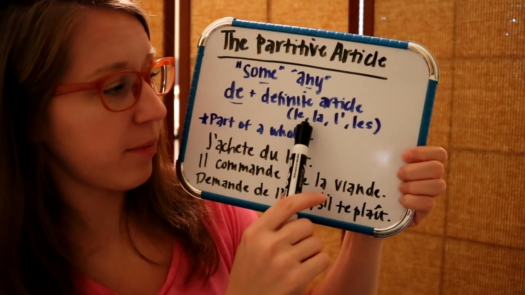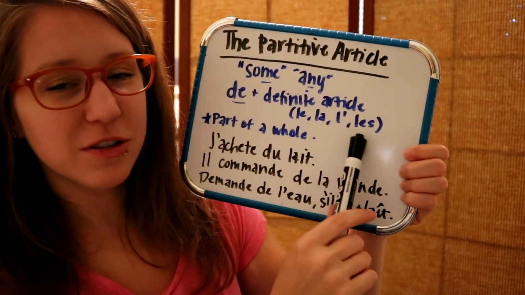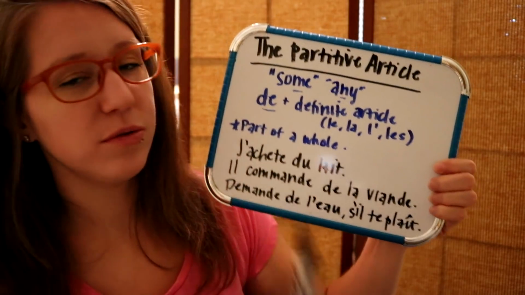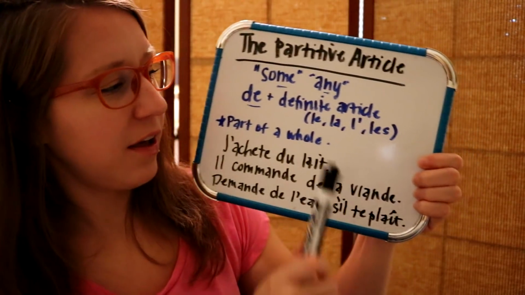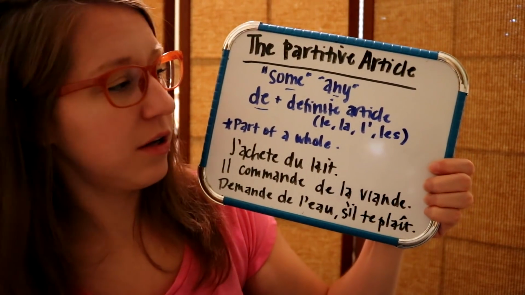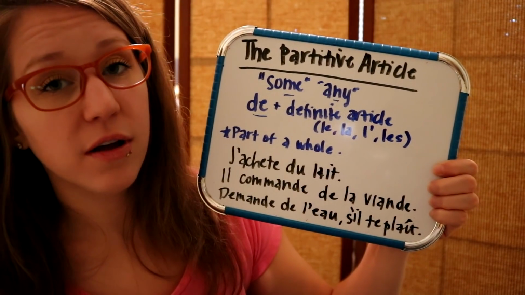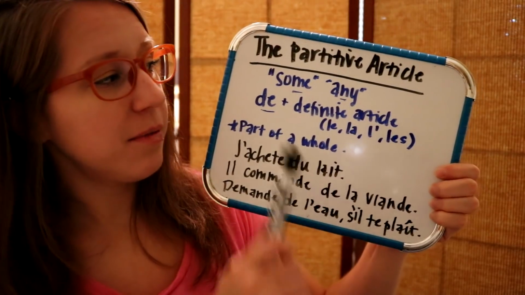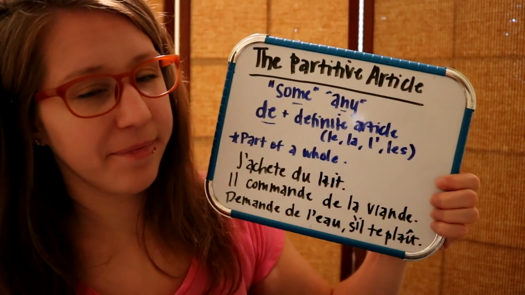So if you remember, each of these options means the. So it's de, which is like of, and le, la, l'apostrophe or les, which means the. And it can mean some or any.